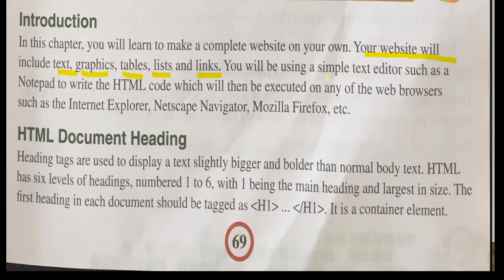You will be using a simple text editor such as Notepad to write the HTML code, which will then be executed on any of the web browsers such as Internet Explorer, Netscape, Mozilla, or Google. So in this lesson, we are using the Google browser.